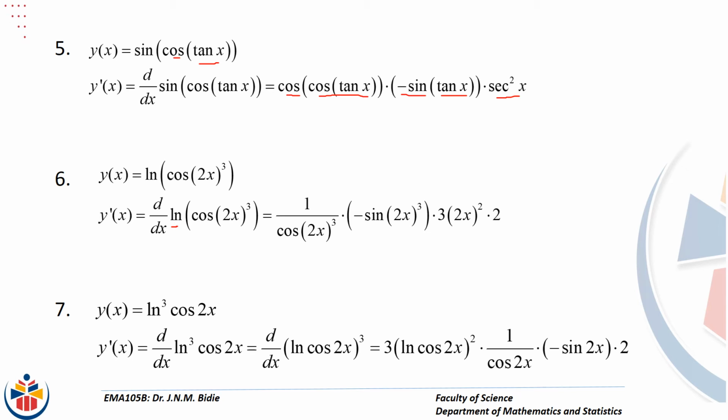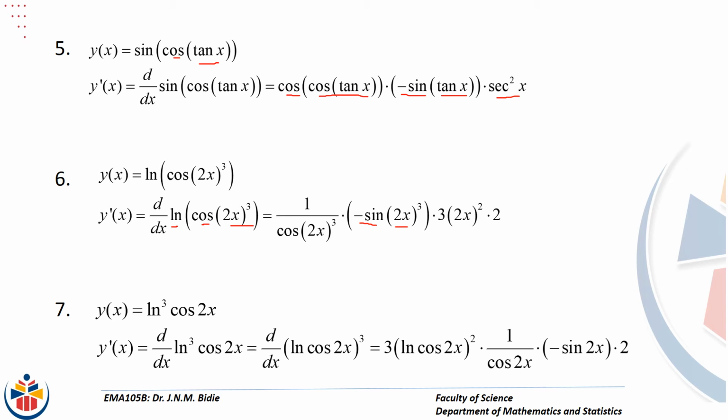So we'll have 1 over the argument of ln, which is cos 2x cubed, multiplied by the derivative now of the argument. So the first thing we encounter in the argument is cos, so it becomes negative sine. The argument of cos was 2x cubed, so we have to write it as it is. And then we go to the derivative of 2x to the power 3. Then we get 3 times 2x squared multiplied by the derivative of 2x, which is 2.